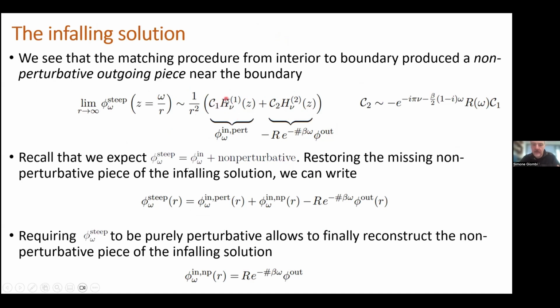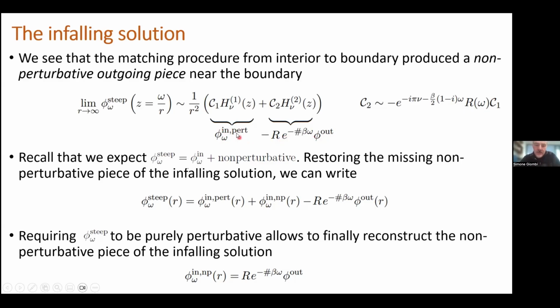And this part basically agrees with the perturbative part of the physical infalling solution. And so this relation tells us what we expect, that the steepest descent solution differs from the infalling solution by some non-perturbative parts, which have been computed through this matching procedure.